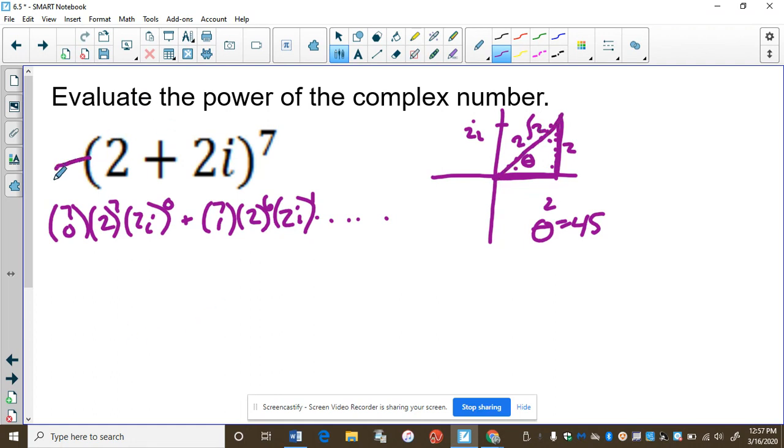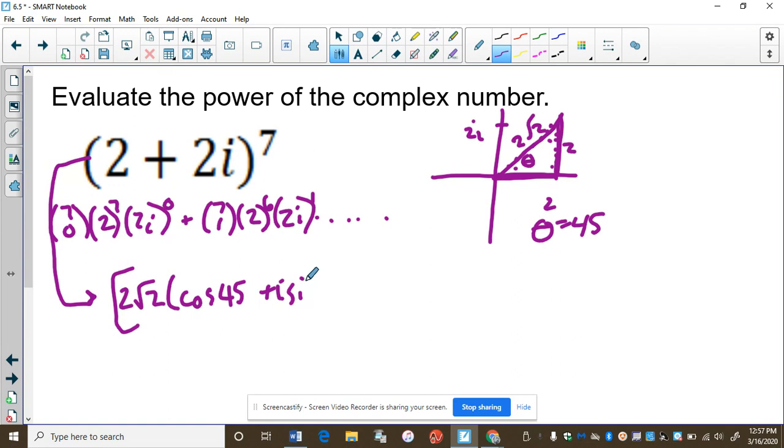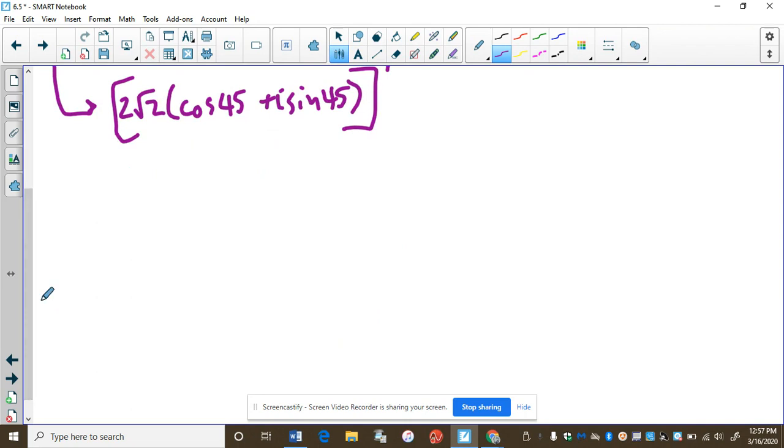So, in other words, if I reformat the way this problem's written, it's really 2 radical 2 times the cosine of 45 plus i times the sine of 45. And this whole thing is being raised to the 7th power.